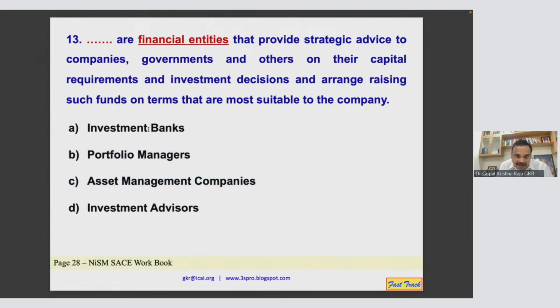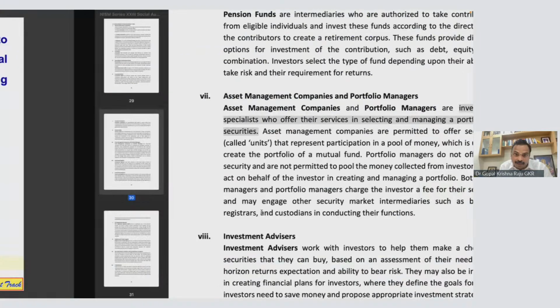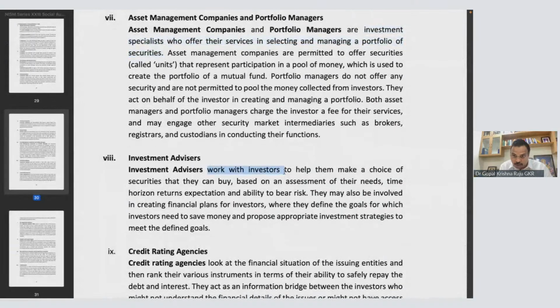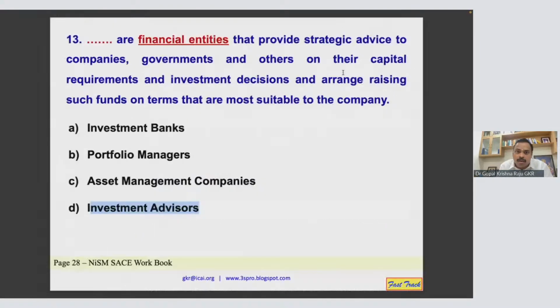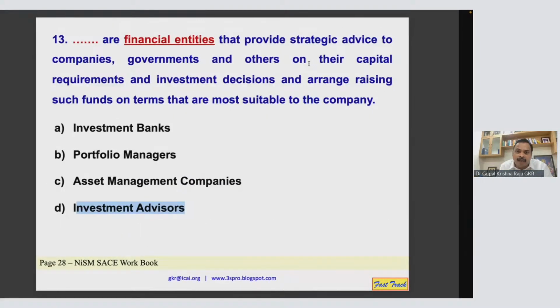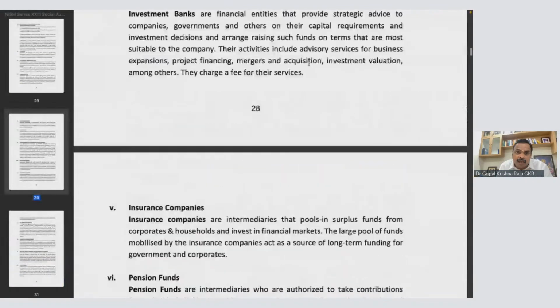So the answer is between A and D. Investment bank, investment advisor. They provide strategic advice. It seems to be investment advisor, but look at investment advisor. They work with investors to help them choose securities that they buy based on assessment of their needs. Nothing more is there. So by elimination, it should be investment banks.